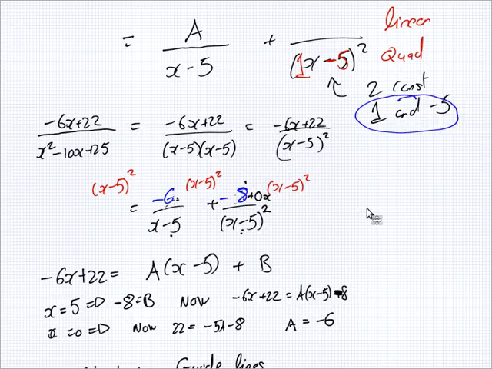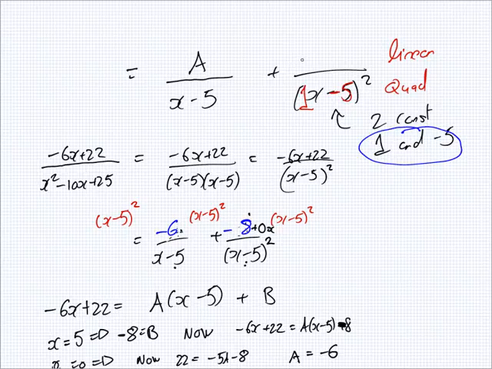So that gives us a choice. We can either go with bx, that's 1 linear, or we can go with b. In this example here, I went with this choice. But we could have gone with this choice. And you'll get a different answer for b and for a. So what I want you to do now is kind of a little practice: I want you to do this question again, but this time I want you to use a bx on the top.